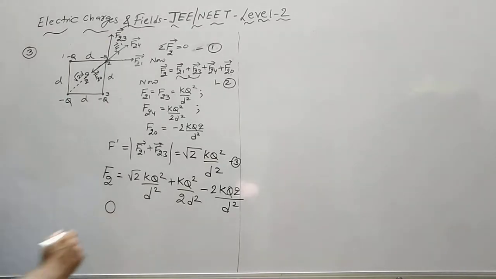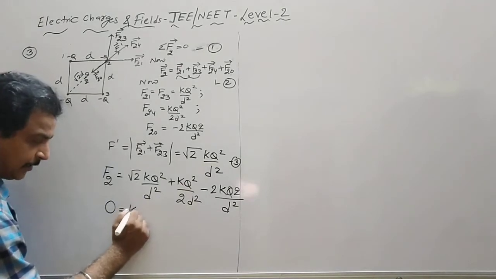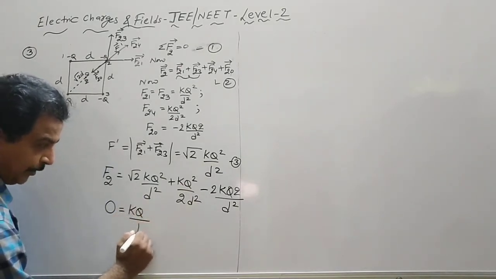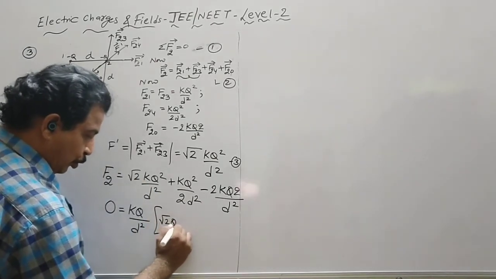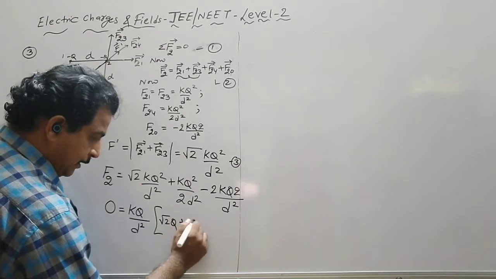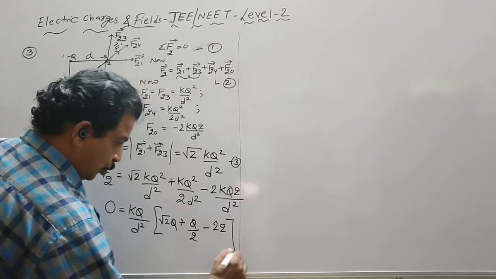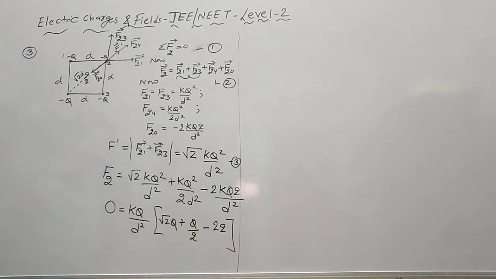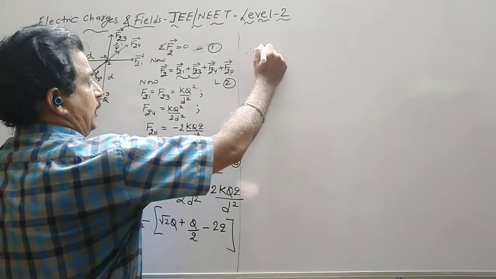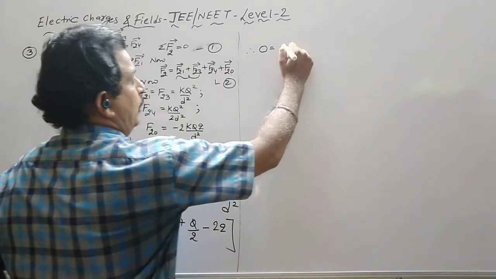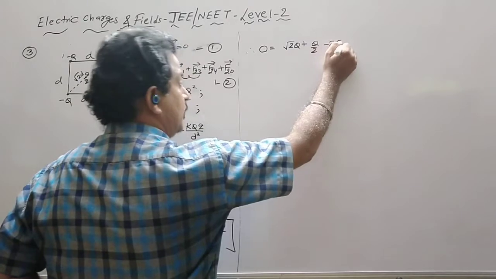So 0 is equal to, if we take common kq upon d square, we are left with root 2 q plus q by 2 minus 2q. So this is the resultant of all these forces. Therefore, 0 is equal to root 2 q plus q by 2 minus 2q.